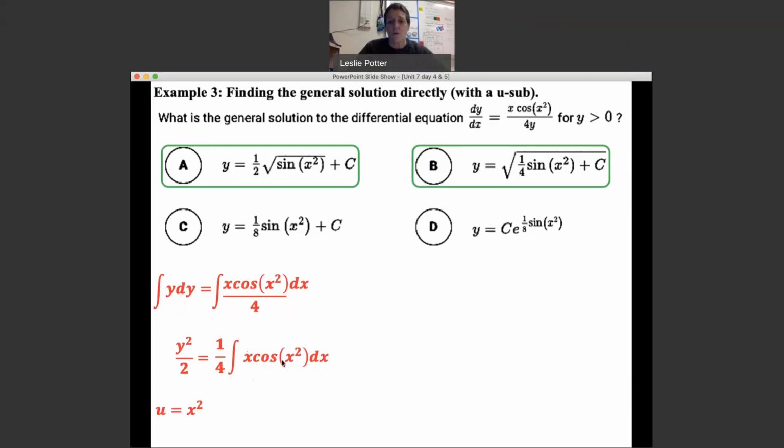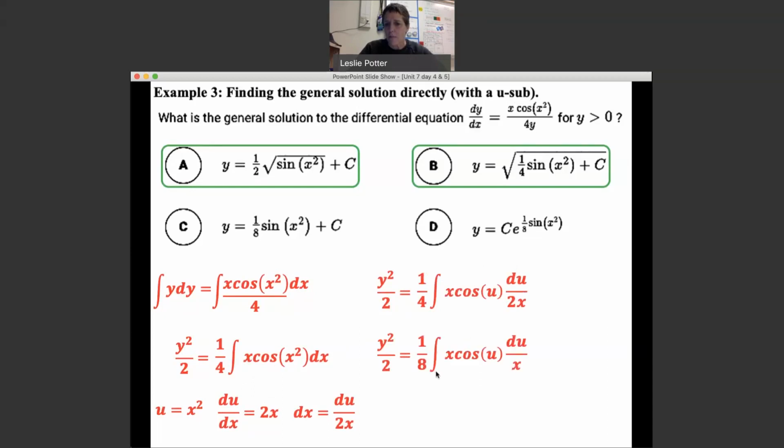So we are going to set u equal to x squared. We're going to differentiate this. du dx is 2x. We're going to do our old switcheroo here so that dx is du over 2x. Remember, the x's are going to cancel. This x is supposed to stay for a reason. Substituting that in gives us this, and we can see that our x's are going to cancel.